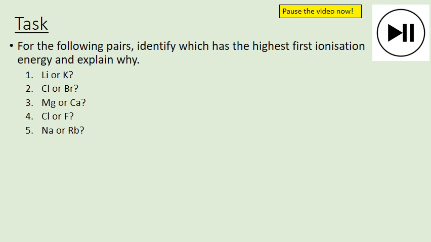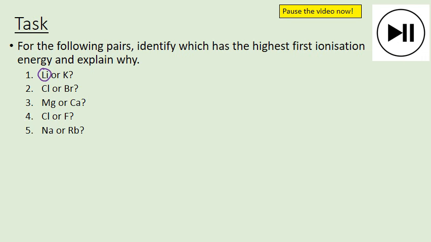Okay, so what I'm going to do is I'm going to circle the one that has the highest first ionization energy, and I'm going to give a verbal explanation which should hopefully match what you've written. So for the question 1, the one with the highest first ionization energy is lithium. That's because it has the smallest radius and it has less shielding than potassium.